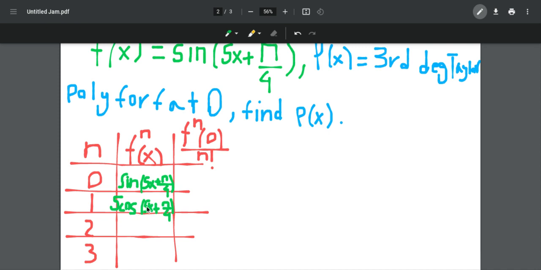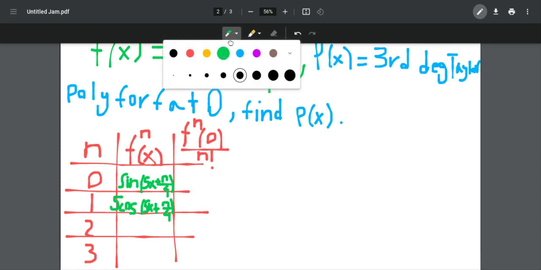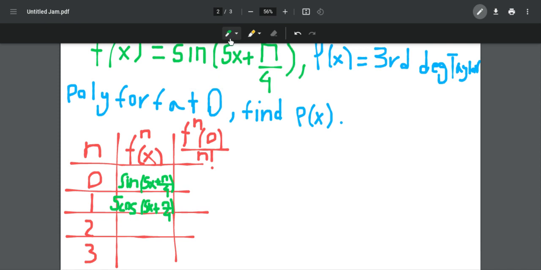Now we differentiate 5 times cosine of 5x plus pi over 4, and again we apply the chain rule. We know that the derivative of cosine is negative sine, so when we multiply by 5, we get negative 25 sine of 5x plus pi over 4.